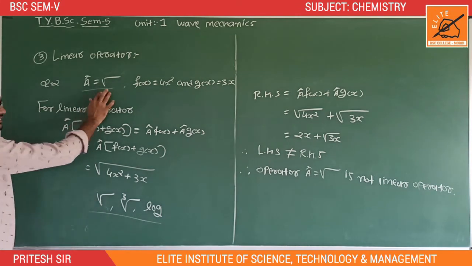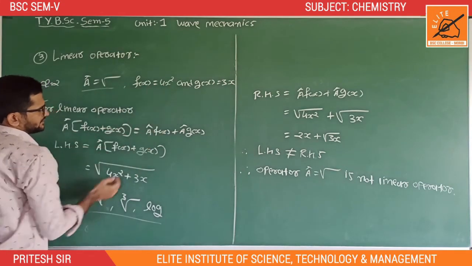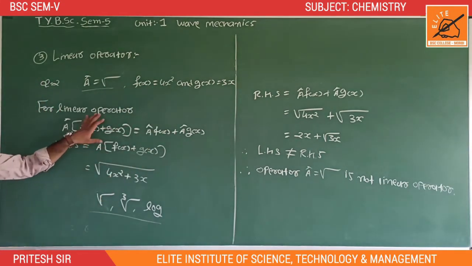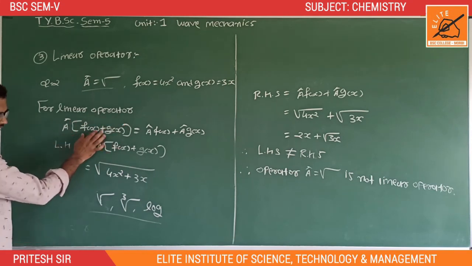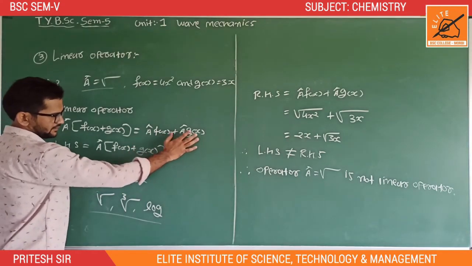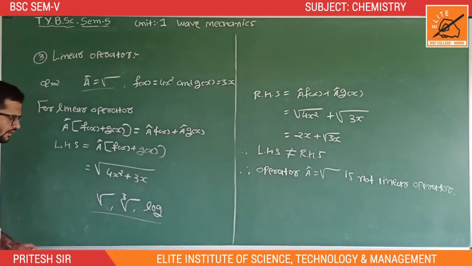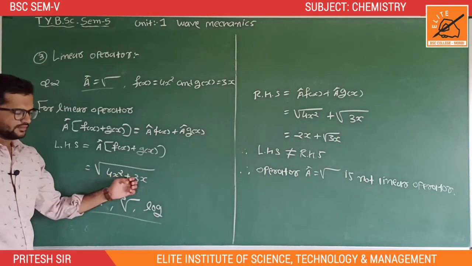Okay, so the first question: given A cap is equal to under root, f(x) is equal to 4x square and g(x) is equal to 3x. First write the mathematical expression of a linear operator, that is A cap into bracket f(x) plus g(x) is equal to A cap f(x) plus A cap g(x). Put the value of LHS, and the result is under root of 4x square plus 3x.